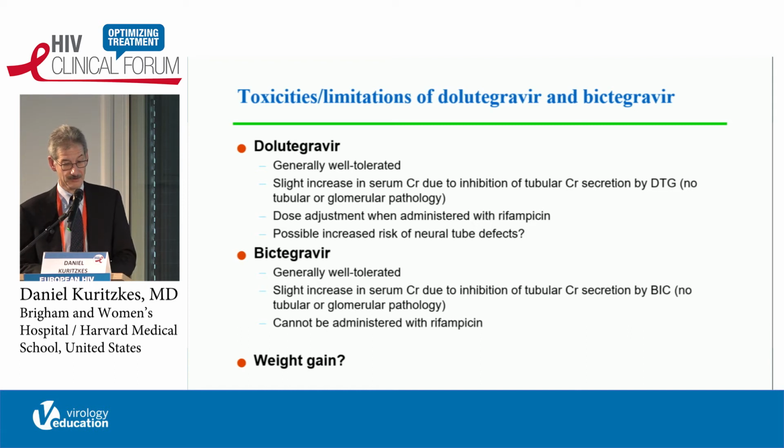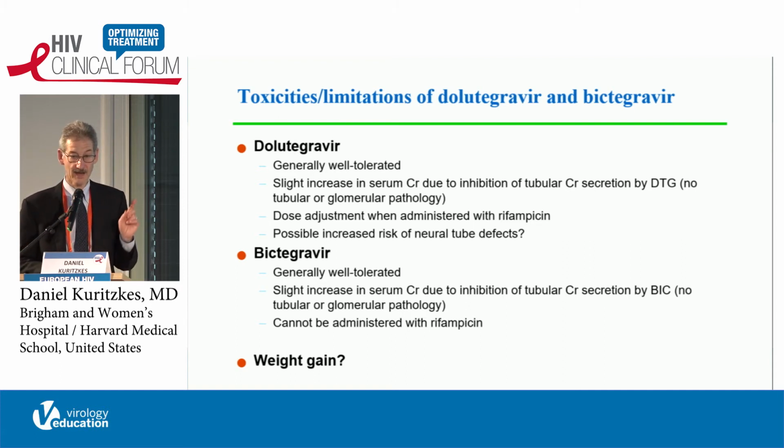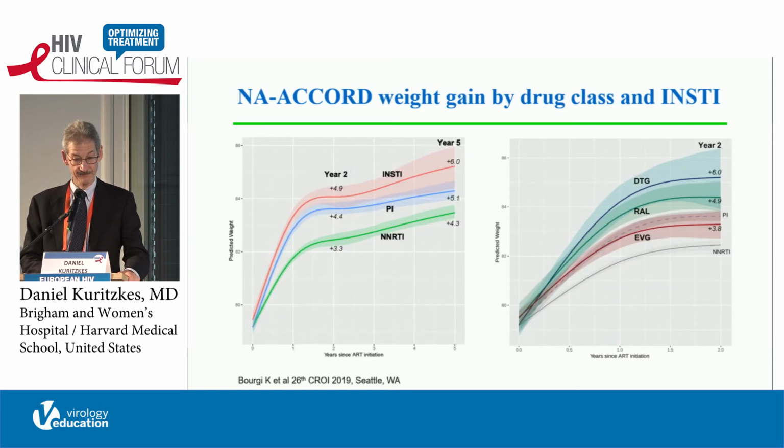As Milos discussed already, a dose adjustment is required when dolutegravir is administered with rifampicin. One cannot dose adjust bictegravir for administration with rifampicin, which is a bit of an issue for the use of that regimen. And then there are concerns about possible neural tube defects with dolutegravir, and I'll show you those data in some detail, and emerging concerns around weight gain.